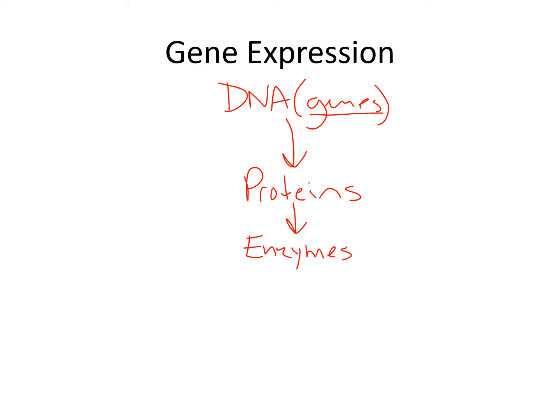And you should know that enzymes are biological catalysts that catalyze different types of biochemical reactions. And those reactions that a cell can perform will give that cell certain characteristics.